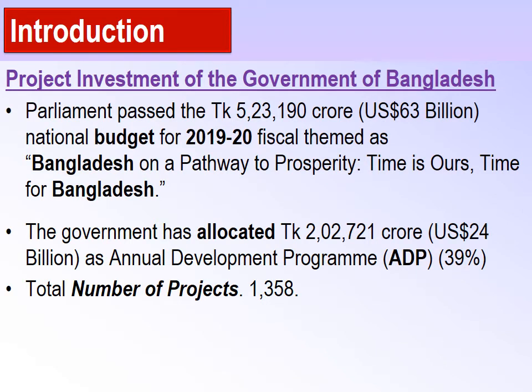Project investment. In this slide, you have seen that the government of Bangladesh during 2019 and 20 invested about $24 billion for project implementation. The national budget of the government at the time in US dollars was $63 billion, so it is about 39% of the national budget.